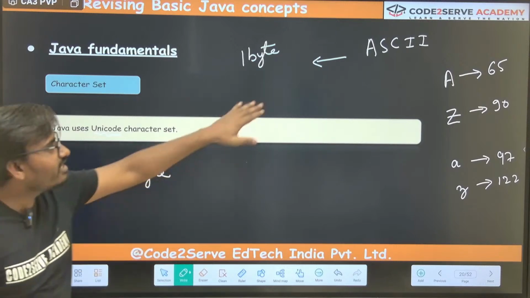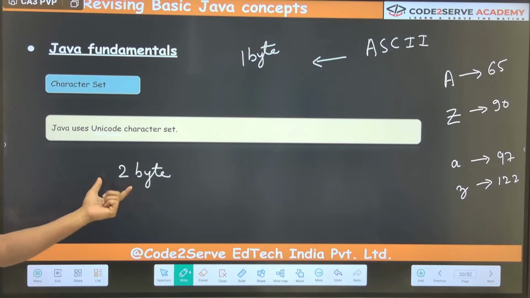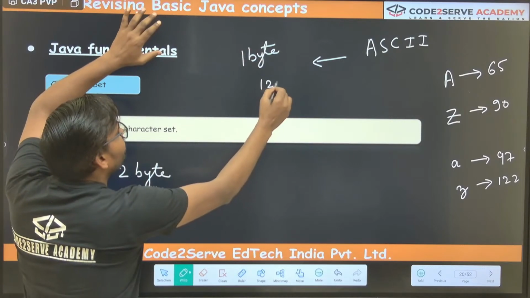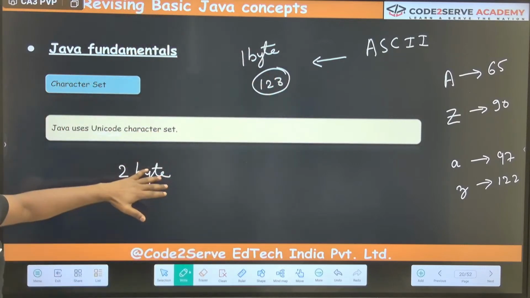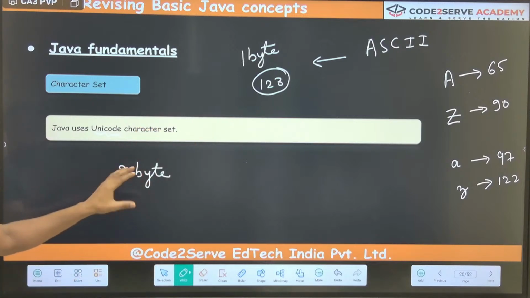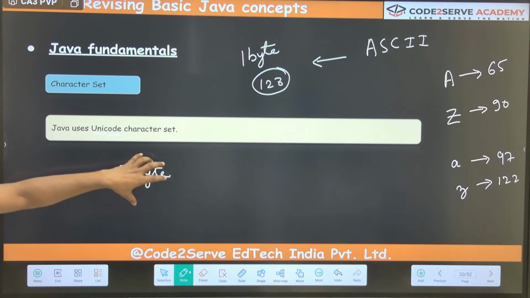Got it? ASCII is 1 byte and Unicode is 2 bytes. That means here we have 128 characters, but here we have more characters. We'll come to know how many characters can be accommodated in 2 bytes.